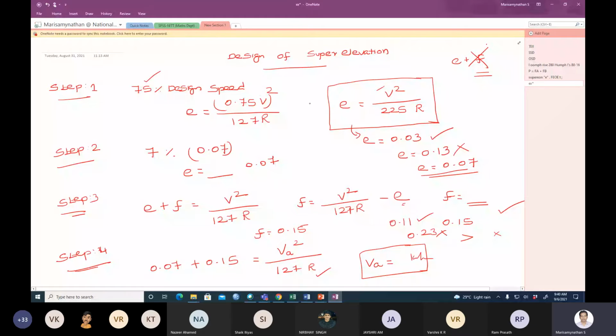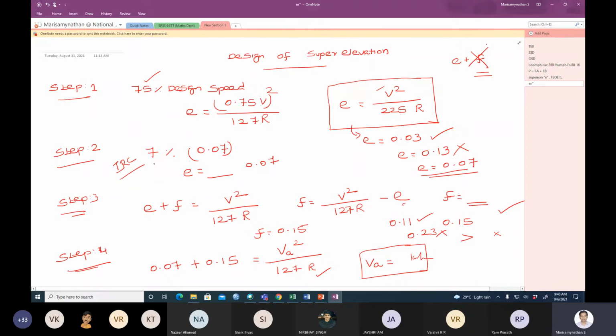So the formula is modified as 0.75 into V. Overall, we get E equal to V square divided by 225 into R. When you know the speed and the radius, accordingly you can estimate the super elevation value.